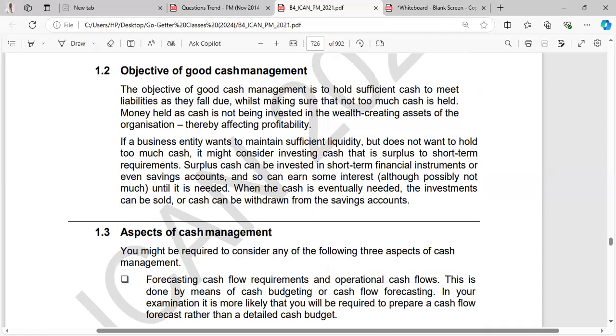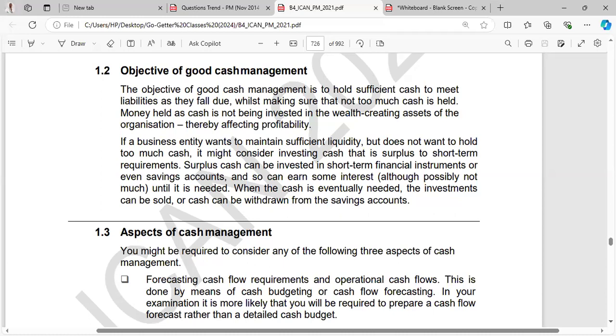The objective of good cash management is to hold sufficient cash to meet liabilities as they fall due, whilst making sure that too much cash is not held. Money held as cash is not being invested and is therefore affecting the profitability and the wealth creation of the organization.